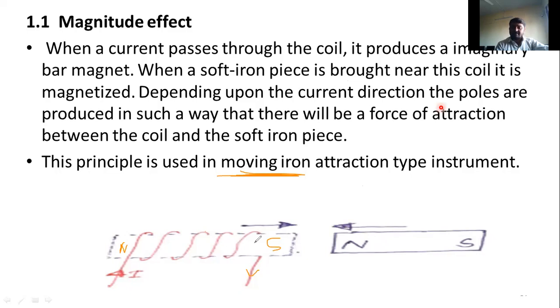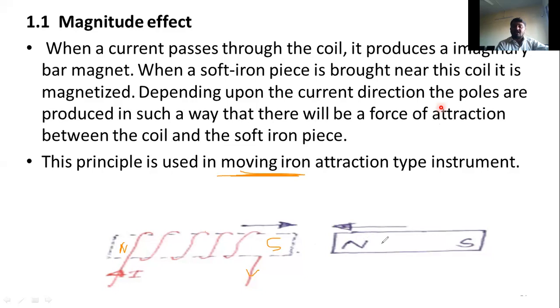The coil acts like an imaginary magnet, but whenever we bring the soft iron piece near to it, it will also act as a magnet only. This coil is magnetized because of the magnetizing effect, and this magnetized effect is applied to the iron piece. Depending on the current direction, the poles are produced in such a way that there will be a force of attraction between the coil and the soft iron piece.